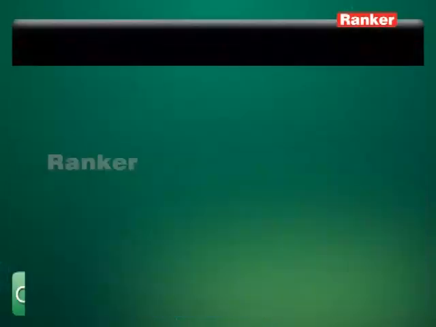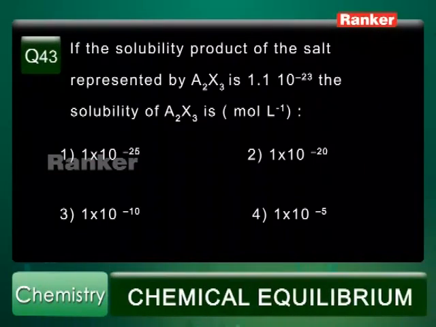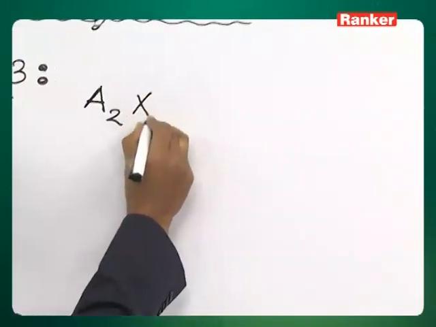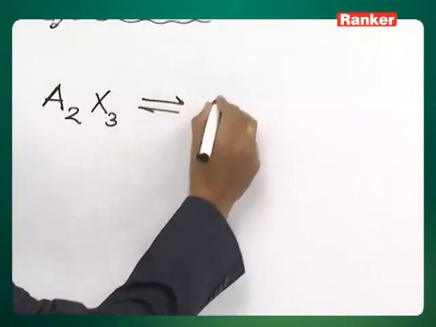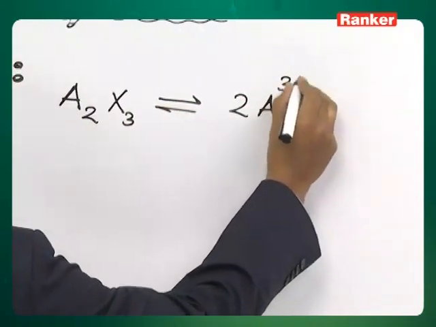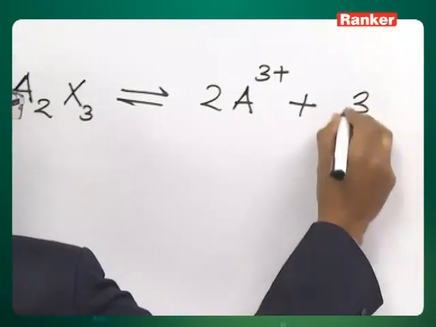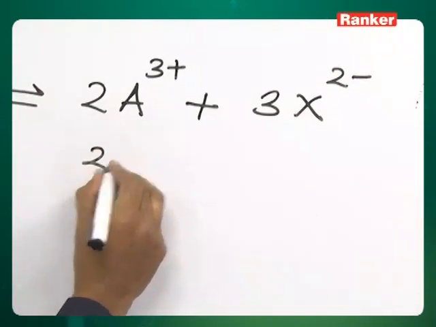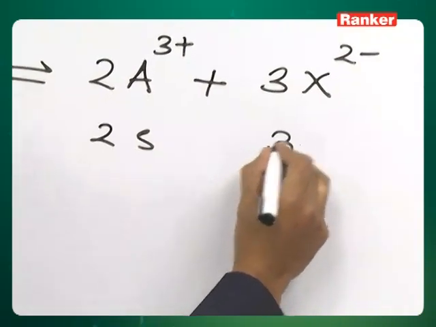Question number 43. If the solubility product of the salt represented by A2X3 is 1.1 into 10 raised to minus 23, the solubility of A2X3 in moles per liter is, look, A2X3 when it dissociates, it gives 2A 3 plus and 3X 2 minus. When it dissolves, this becomes 2S and this will be 3S.